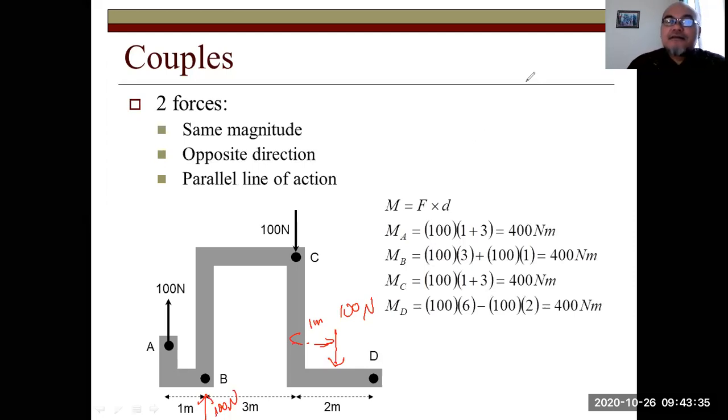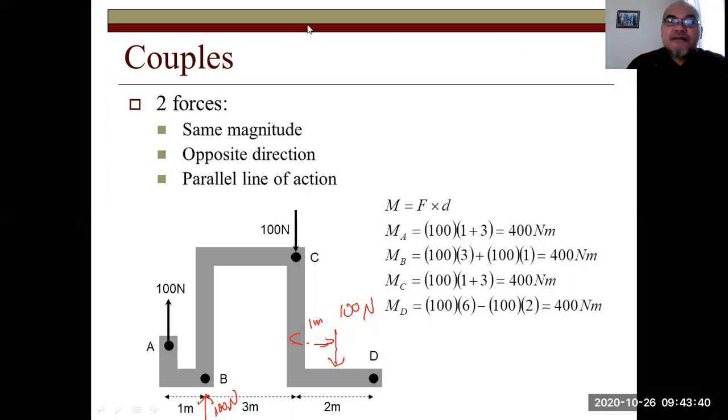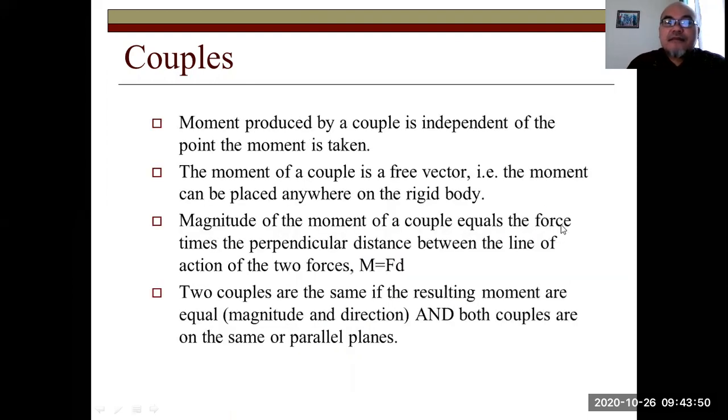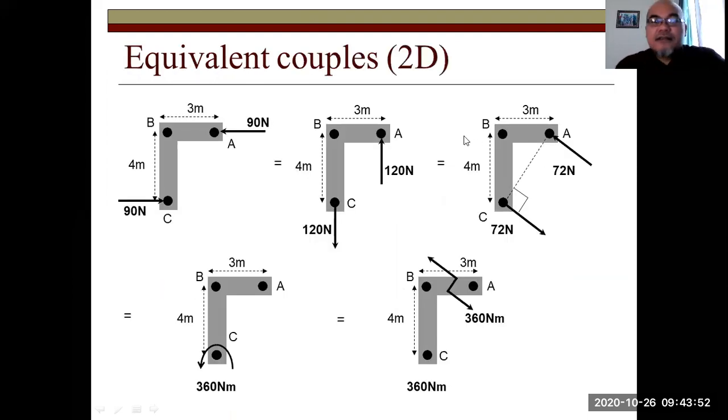Okay, so then, this is what we will use later to calculate the equivalent moment due to the different couples. For example, how many of these are there? 1, 2, 3, 4, 5.